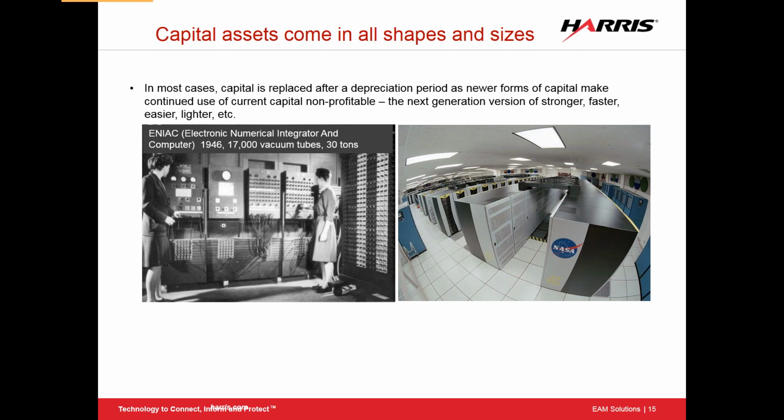Comparing to today, here's a view of the NASA current day server room. A bazillion times more power. That's a highly technical term. I don't know how many bazillion it is, but I know it's a lot. So you can see that technology is increasing at a phenomenal rate these days.